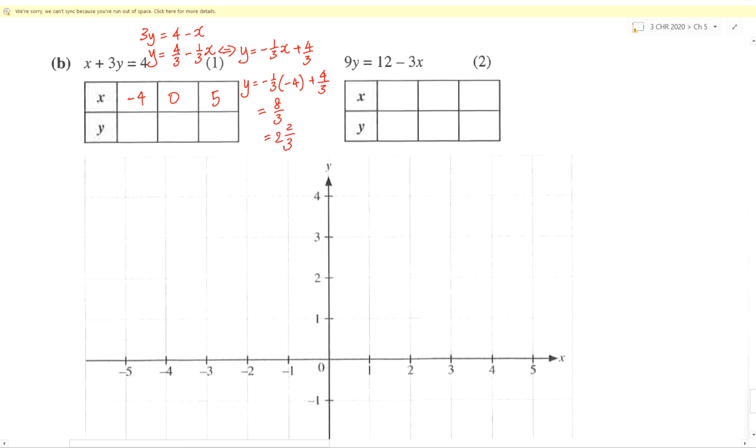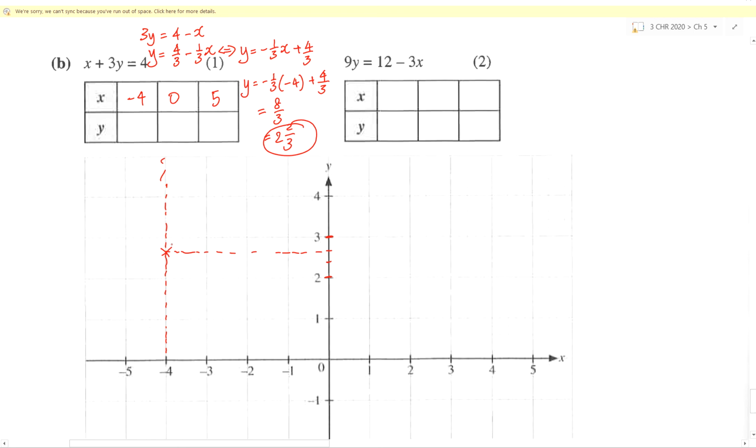Now what this means is that at block negative 4, our level is 2 and 2/3. Now we know that 2 is over here, 3 is over here. Are we able to really exactly find out where 2 and 2/3 is? Or are we only doing an estimation?